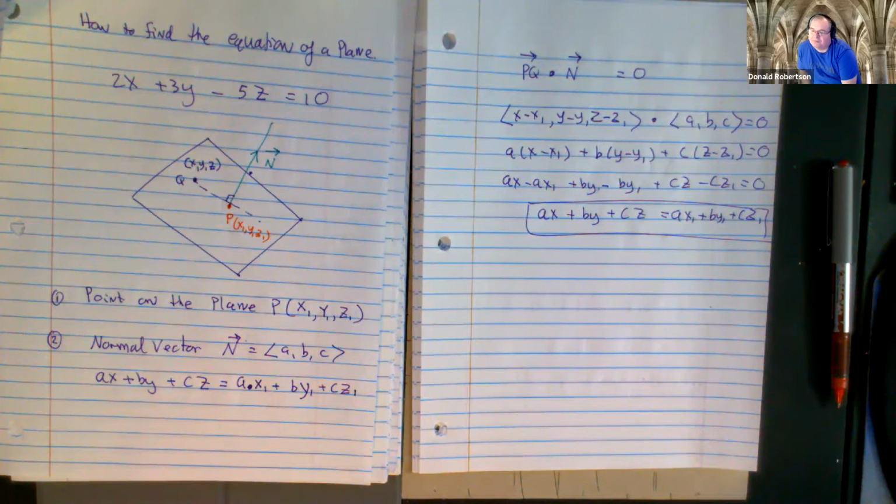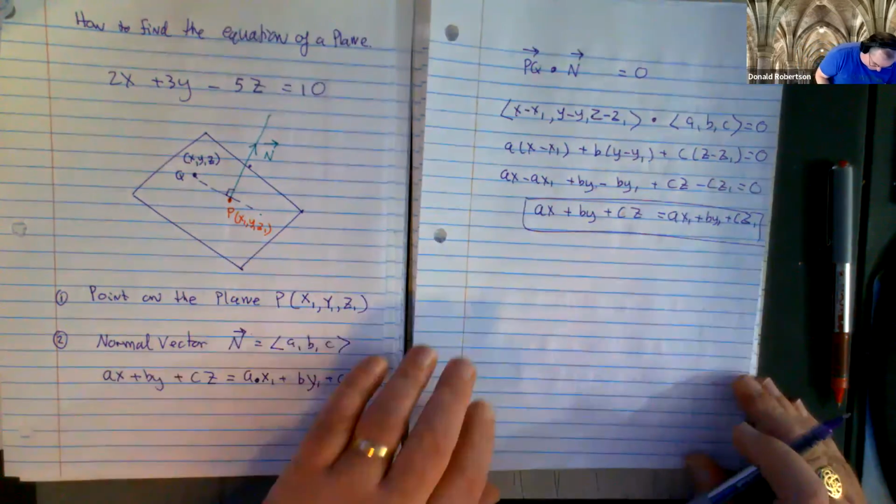Couldn't I choose a different point on the plane? And each time I choose a different point, I'd end up with a slightly different answer, wouldn't I? Yeah. We just live with that. There is a little bit of consistency, which is all equations of planes are multiples of each other. So if you write down any equation, any multiple, so if you double everybody, it's still the equation of the plane.